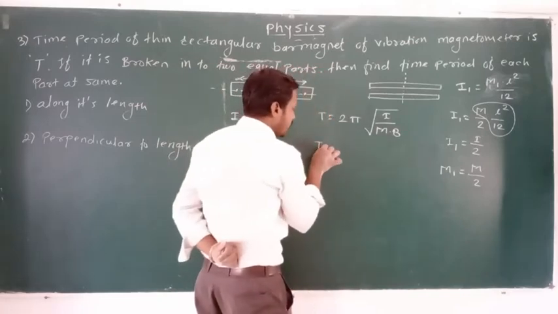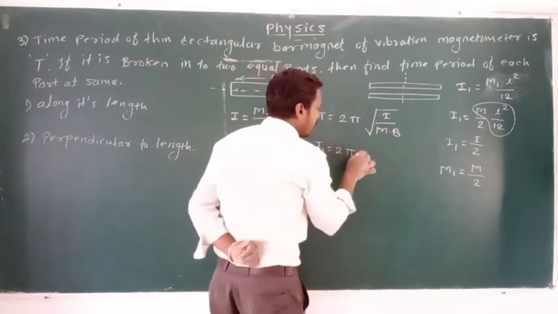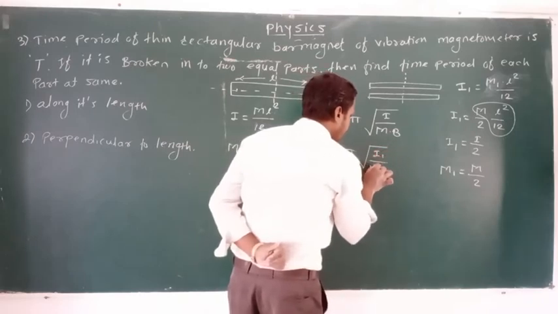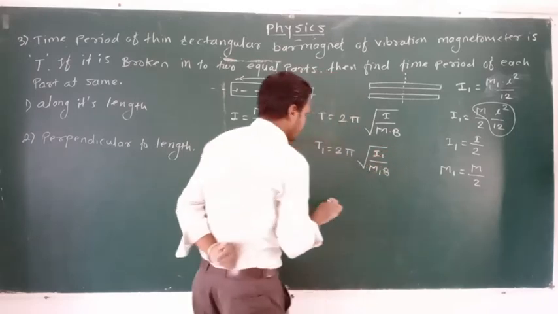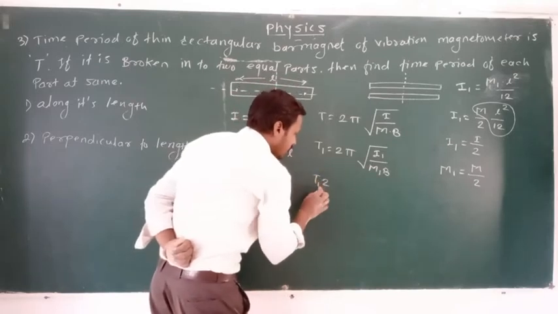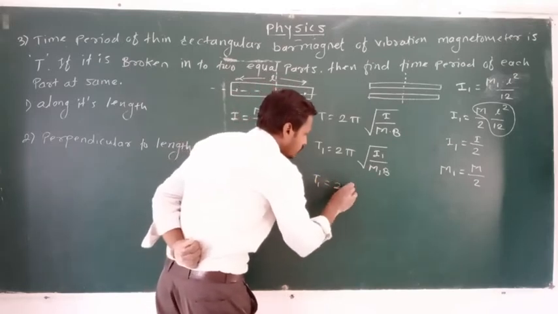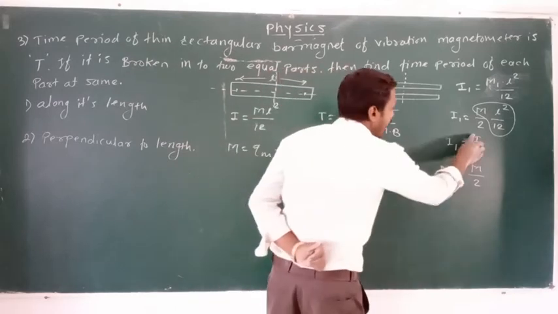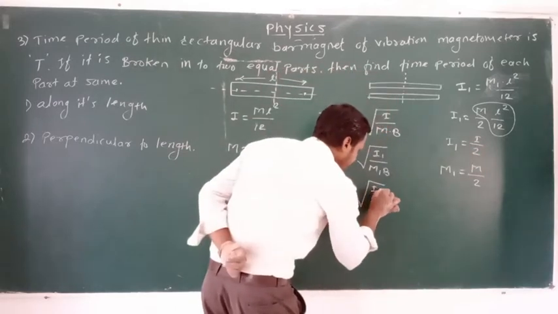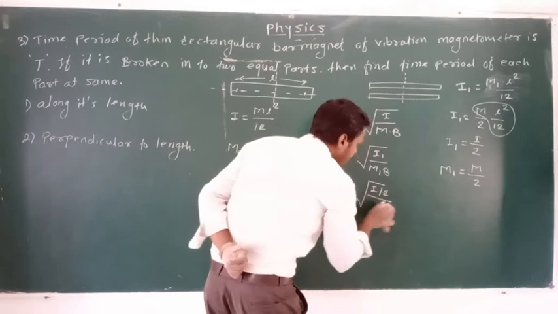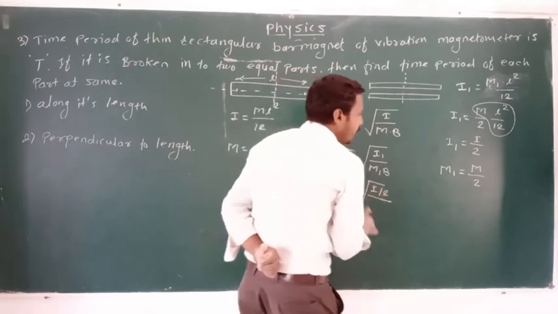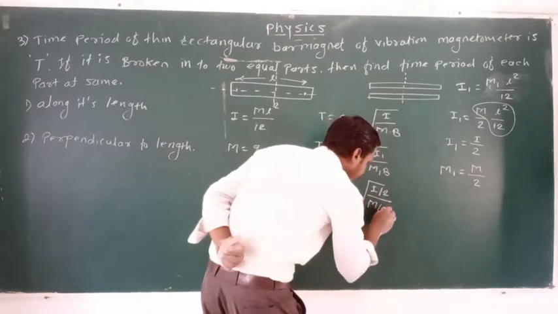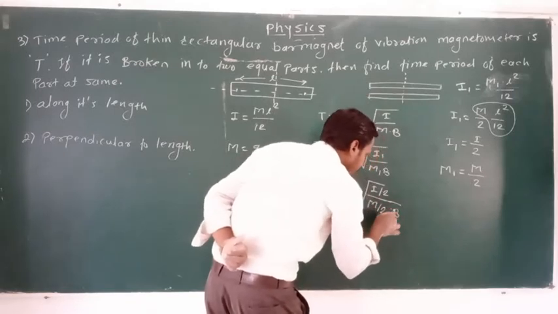Therefore T1 is equal to 2 pi under root I1 divided by M1 B. Simplifying, I1 means I divided by 2, so I can write I divided by 2 whole divided by M1 B, and M1 B is M divided by 2 into B.